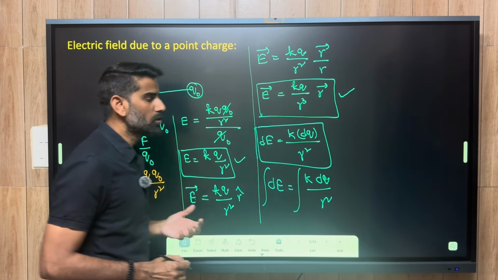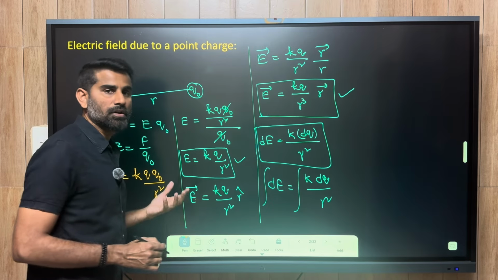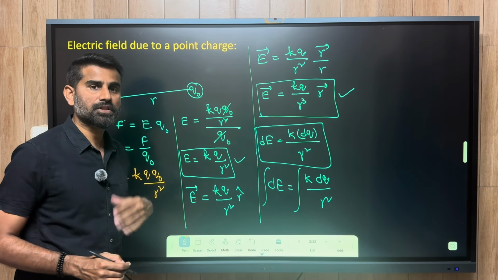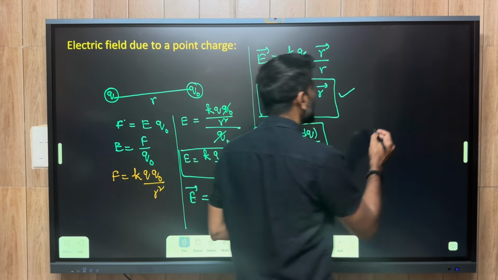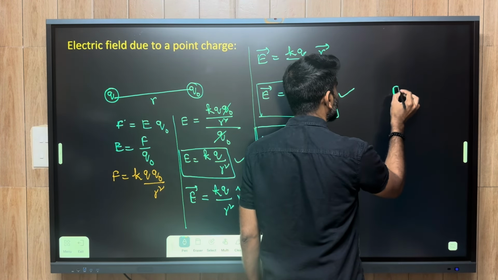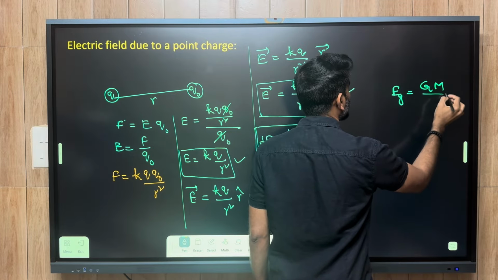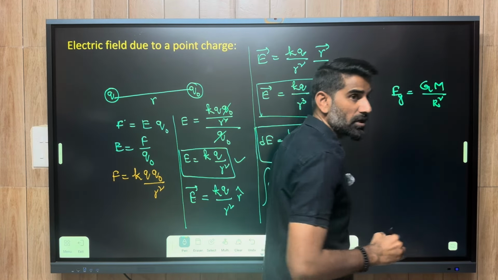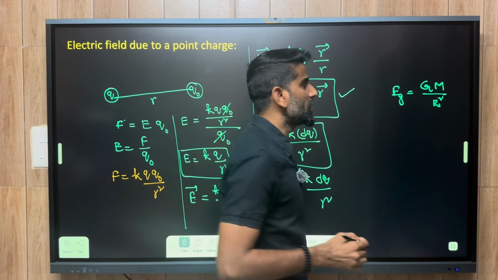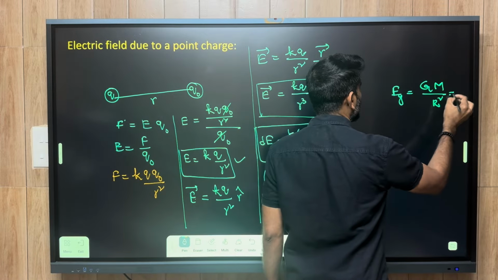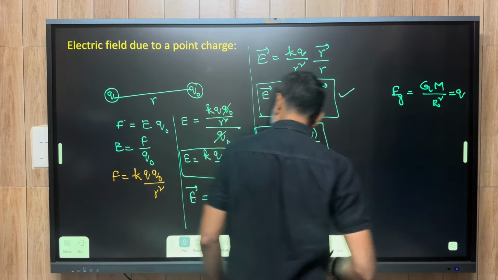And if you want to compare the electric field equation with the gravitational field equation, the gravitational field is something like G M by R square. You may be familiar with this equation with small g.